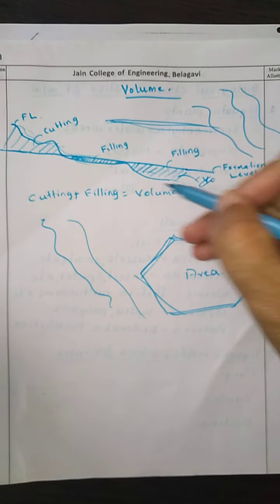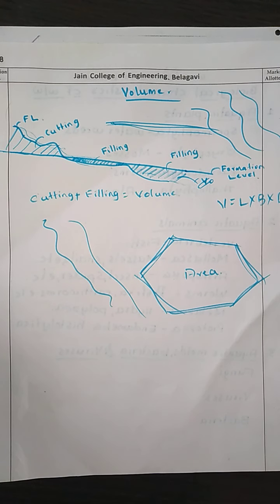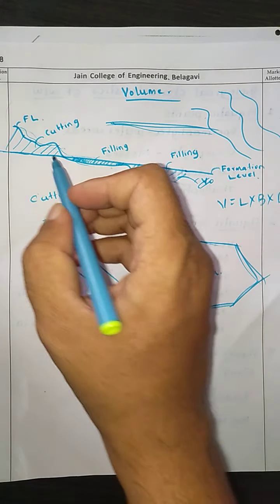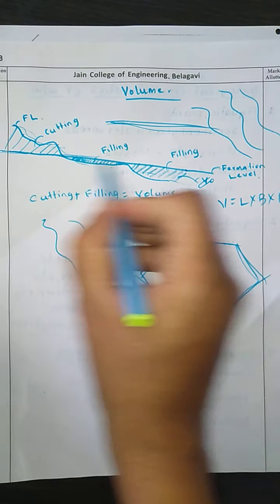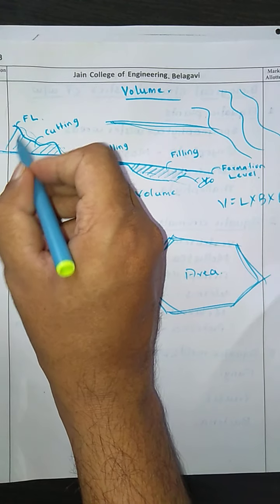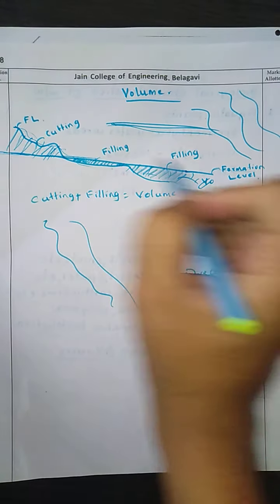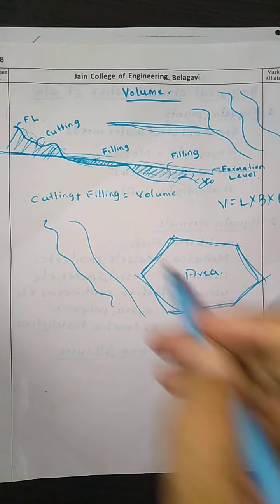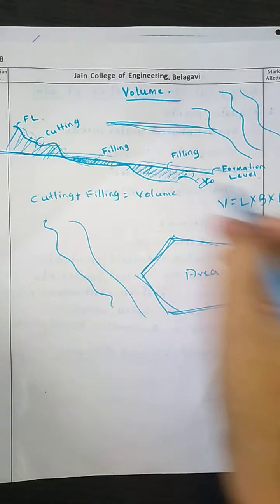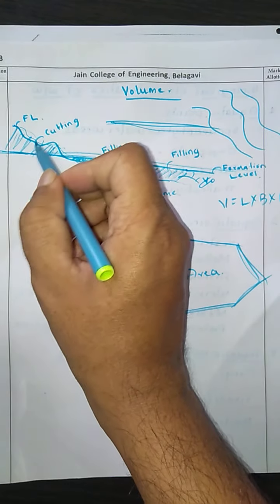You will be taking your RL, so you know how much slope is there in that particular area. Based upon that, you will fix one gradient, and then you will go for either cutting or filling operation. You will fix this line, how much slope you want, or an extremely straight line you want, and you will go for cutting and filling operation.